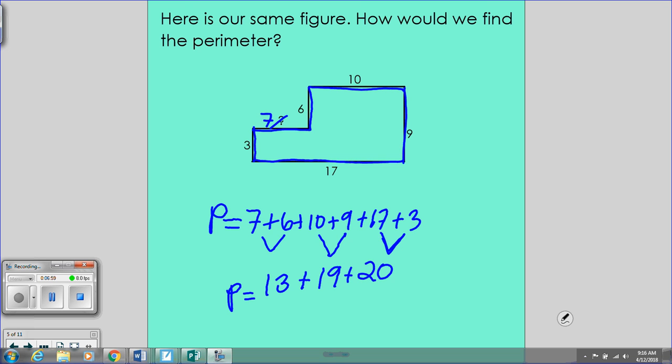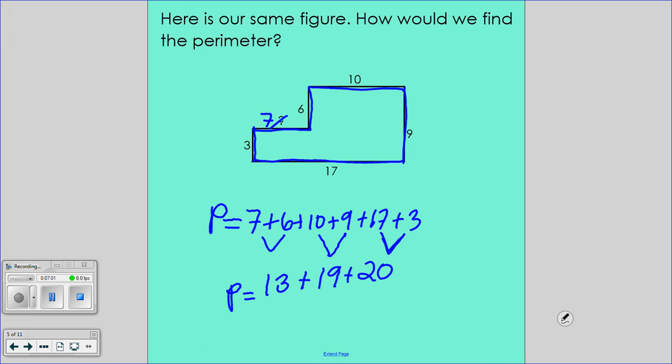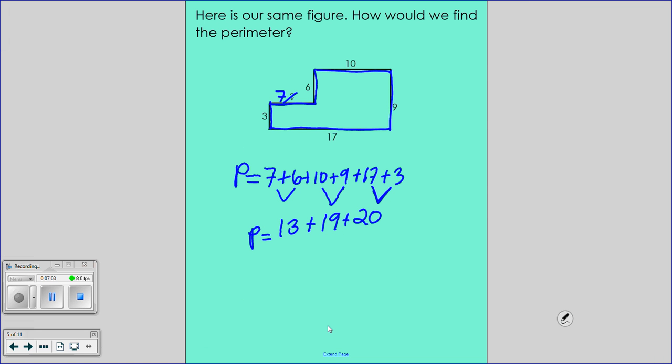Alright, what did we come up with when we added 19 to 20 to 13? We got what, Parker? 52. Is that right? Yes. Perimeter equals 52. Georgina, question? No, you good? We're good?